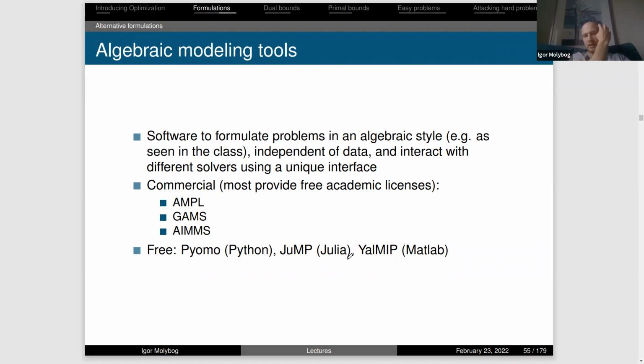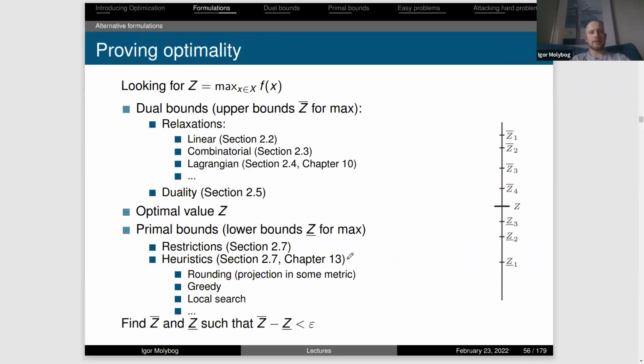But generally speaking, we were discussing the traveling salesman problem within the framework of these algebraic modeling tools, and I would suggest you go back and revise the formulation of the traveling salesman problem, as it is a canonical example of an integer programming problem formulation.